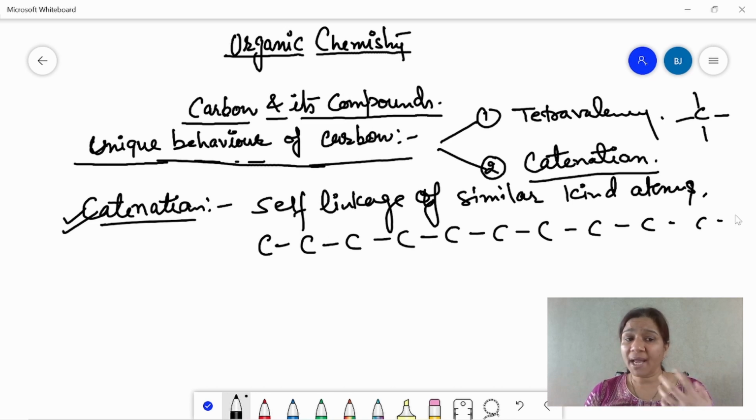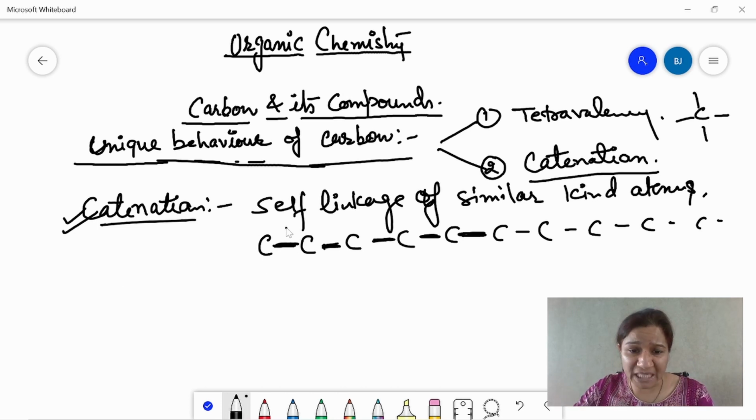And why is carbon showing the catenation property, and not other elements of the periodic table? The reason is that the carbon-carbon bonds, the bonds between two carbons in a chain, are very strong, and this property is only applicable to carbon. Carbon, due to its very small size, can form carbon-carbon bonds which are very strong.